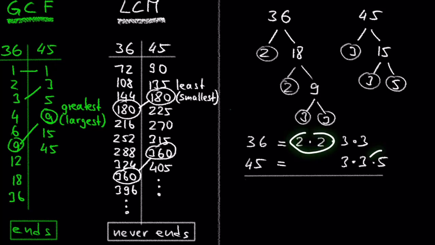The two 2's and the 5 don't line up with any others. Now, to get the greatest common factor, we're going to find common factors between 36 and 45. So 36 and 45 share the 3 twice. So the greatest common factor is the product of 3 times 3, which is 9.